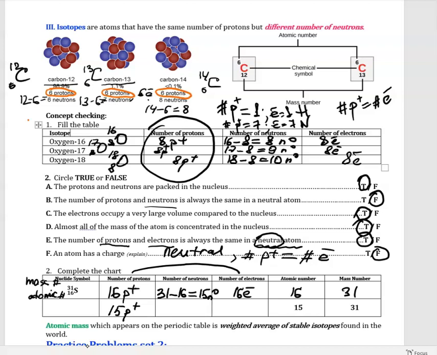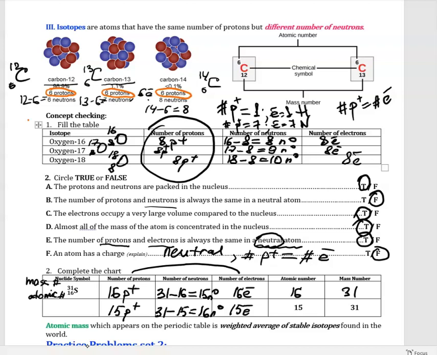And it gives us the number of electrons, 15 too, right? And the number of neutrons we can calculate. So 31 minus 15, 16.